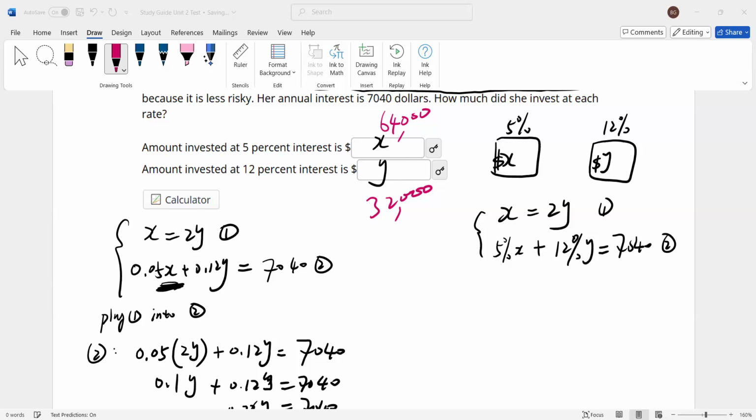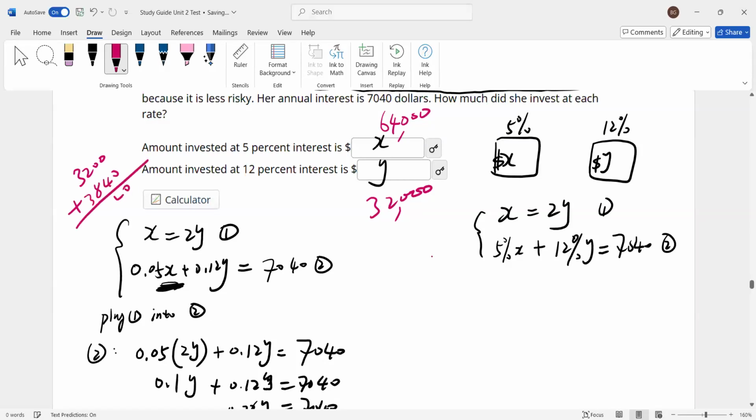The interest from the first account is 3,200. And the interest from the second account, since we have 32 grand there, at 12%: 0.12 times 32 grand is 3,840.